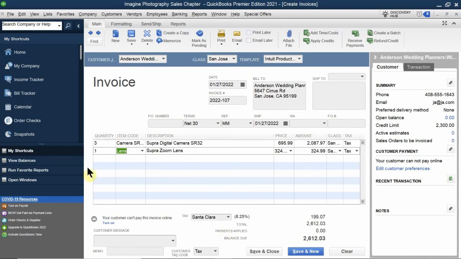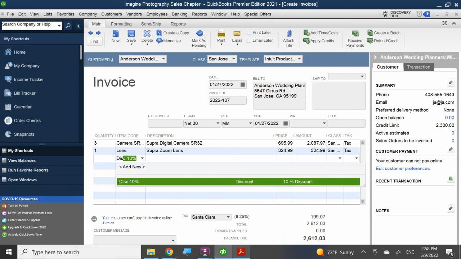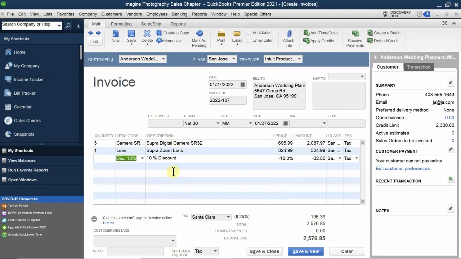In this case, what I can do here is insert a line item for the discount. If I go ahead and type in DISE right here in QuickBooks, I've already designated a discount item for the sales tax. So sales tax for 10% discount, if I click on this, notice this.